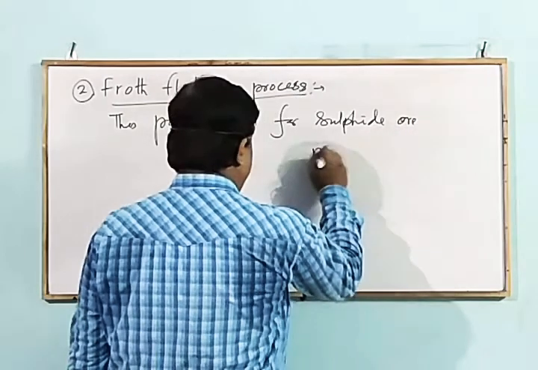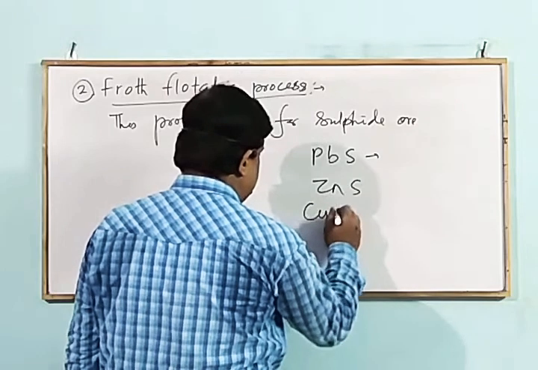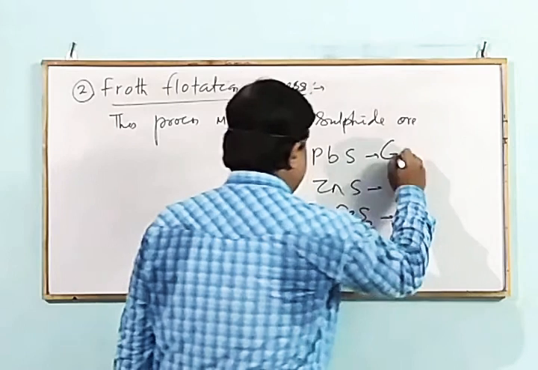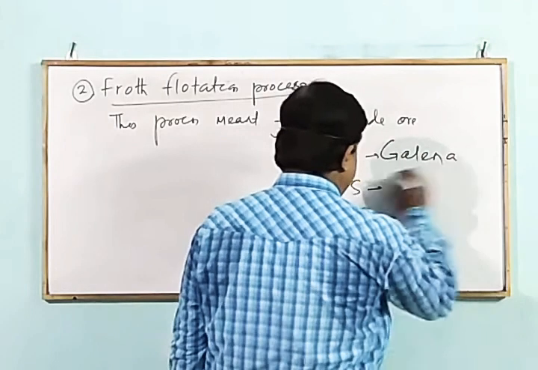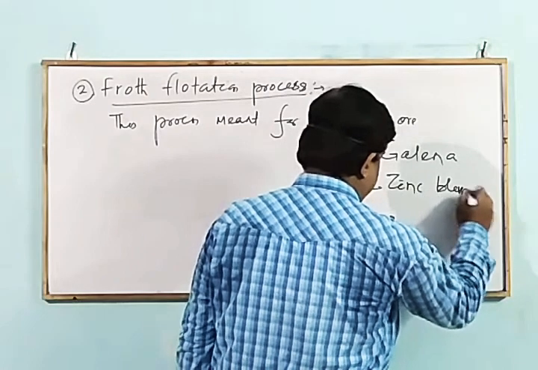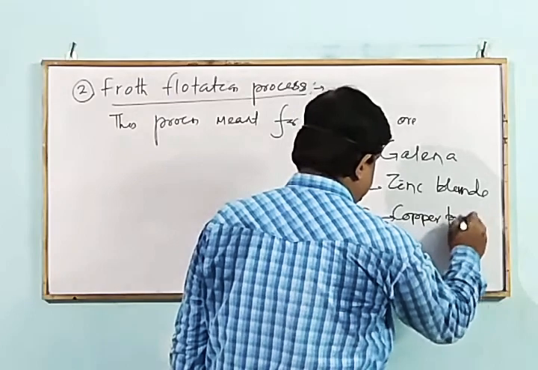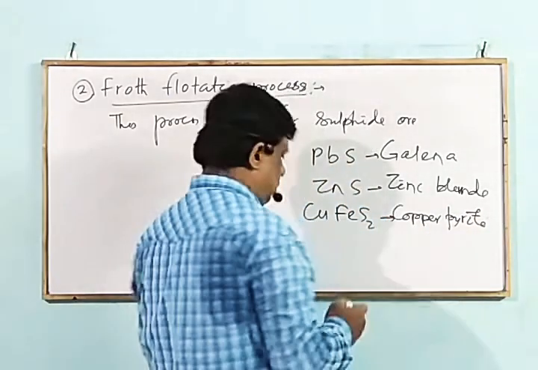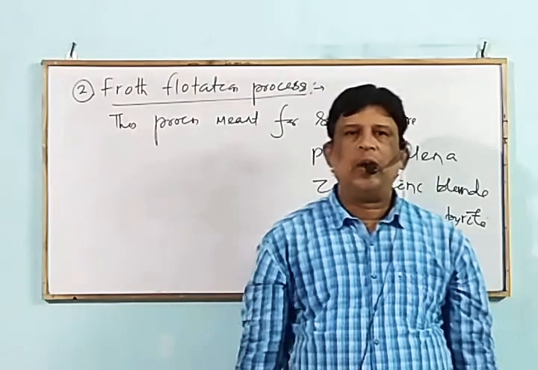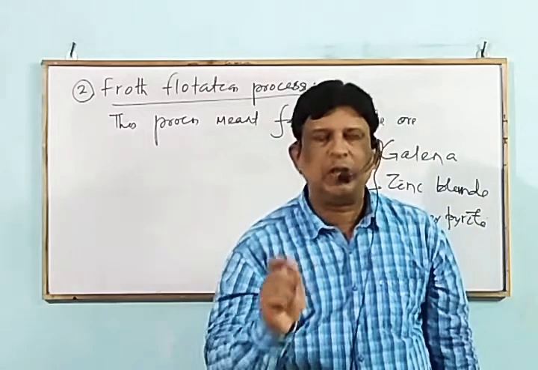For example, PbS, ZnS, CuFeS2, that is galena, zinc blende, copper pyrite. Next, move to the third one, that is the magnetic separation process.